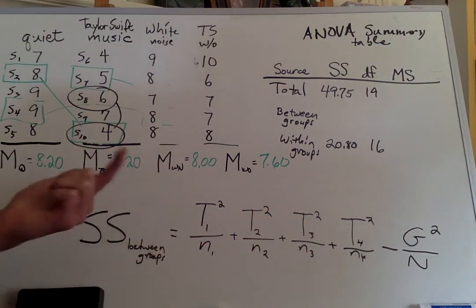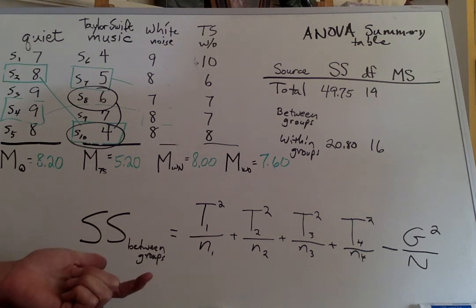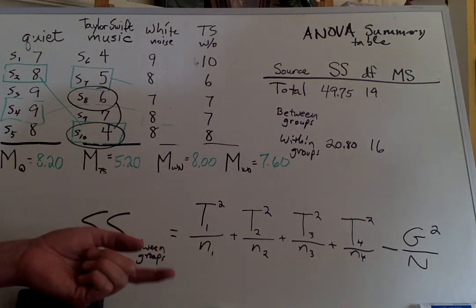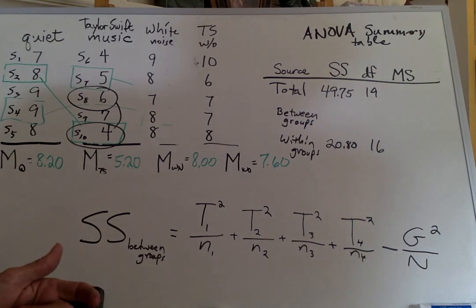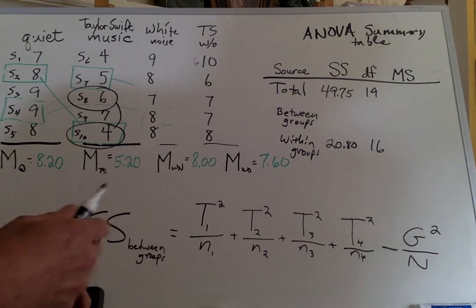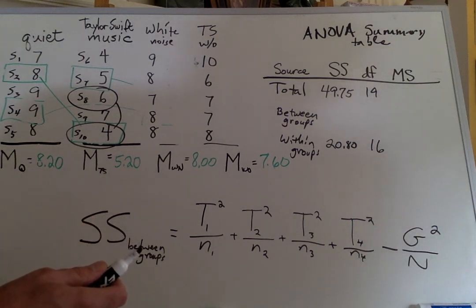Now, which is easier, that one or the one with sigma? The one with sigma works because you can do it for 5 groups, for 3 groups, for 12 groups, whatever. But this is the expanded version so that you understand it.